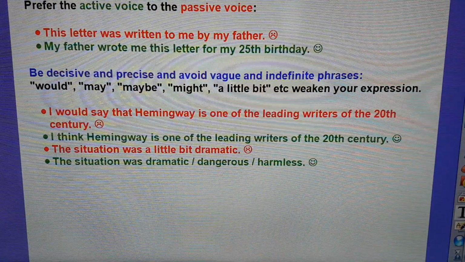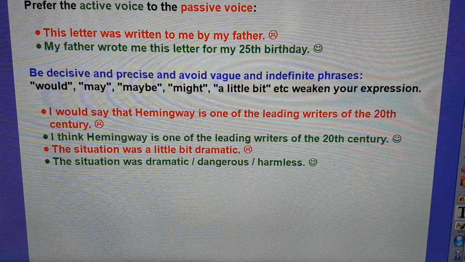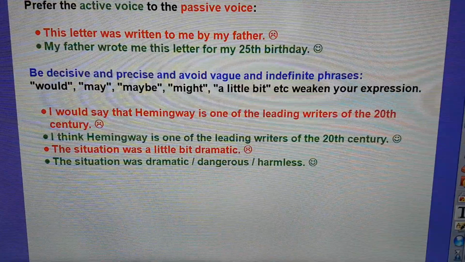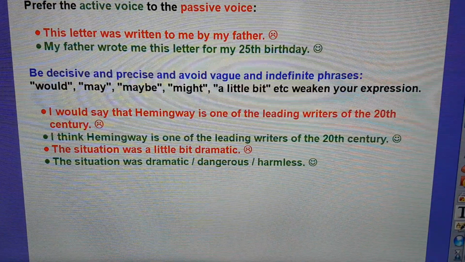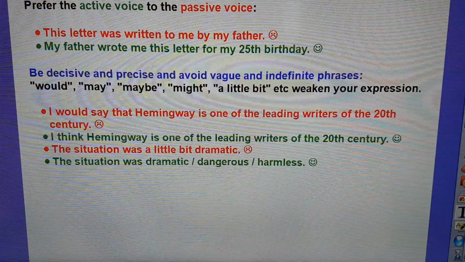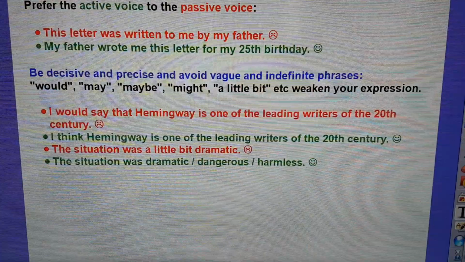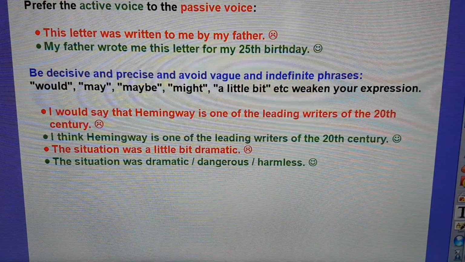I know I'm now making up words that do not even exist in English. Sorry, there is no such word as woulding, maying, etc. I'm just making these words up to express how little love I have for such phrases.